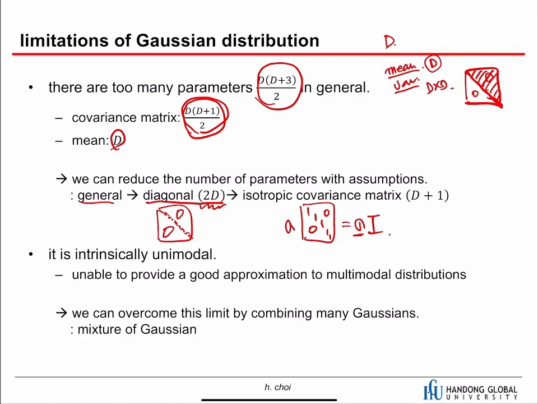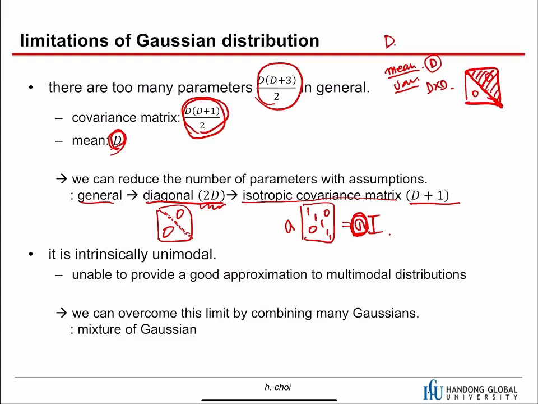We have only one parameter for the covariance matrix if it is an isotropic covariance matrix. So we need d parameters for the mean and one parameter for the covariance, so in total d plus one parameters. In general, we have too many parameters, but if that's the problem, we can reduce the number of parameters based on some assumptions or approximations.